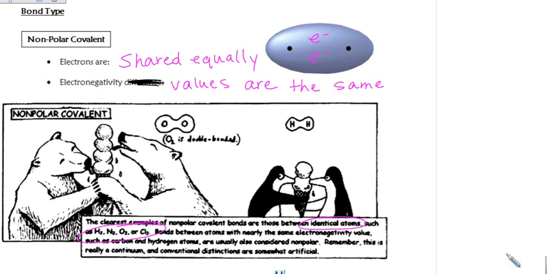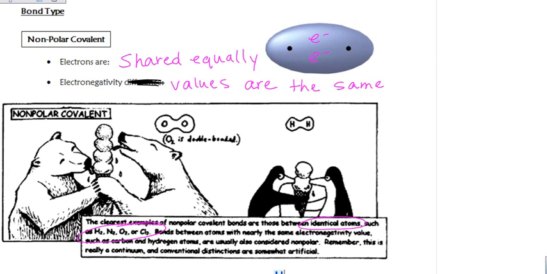The electrons will be shared exactly the same. This word nonpolar means that the ends of the molecule are exactly the same. There is no one region that has more electrons than the other. The electrons are shared right smack in the middle of the two atoms. They're shared equally because electronegativity values are the same.